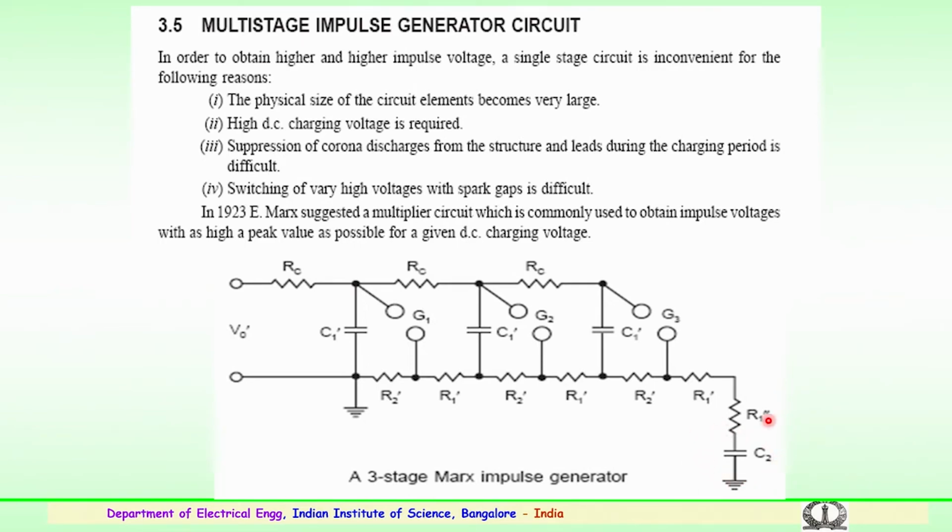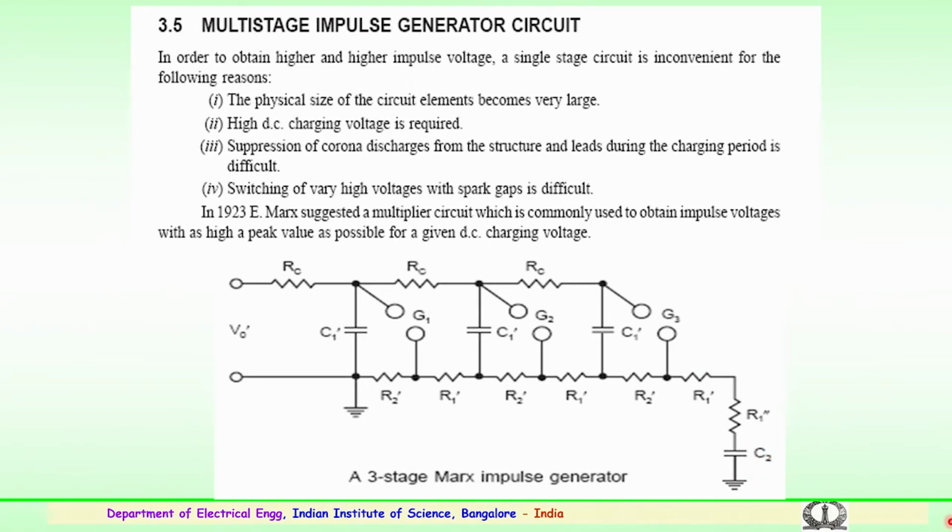So, this is a simple mechanism followed for the generation of very high voltages, which is used for the measurement and application of very large voltages. Again R1 and R1 dash are helpful for the waveform requirements.